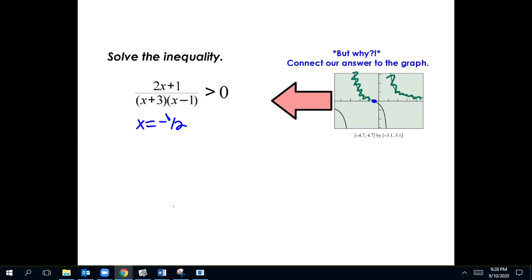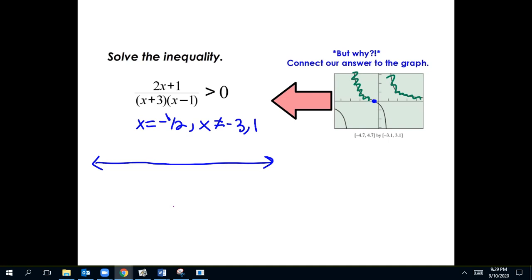And so we're going to miss that other piece if we exclude the bottom of the fraction. So what we do, remember, the rules were to find where the function equals 0 and where it's undefined. So we're also going to say that x cannot equal -3 and 1 for our number line, because it's really important for us to think about the undefined and the solutions at the same time.